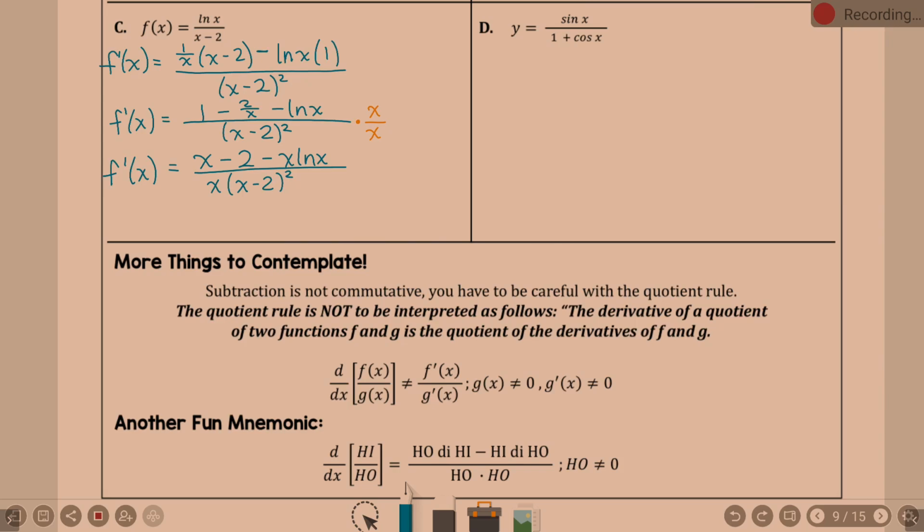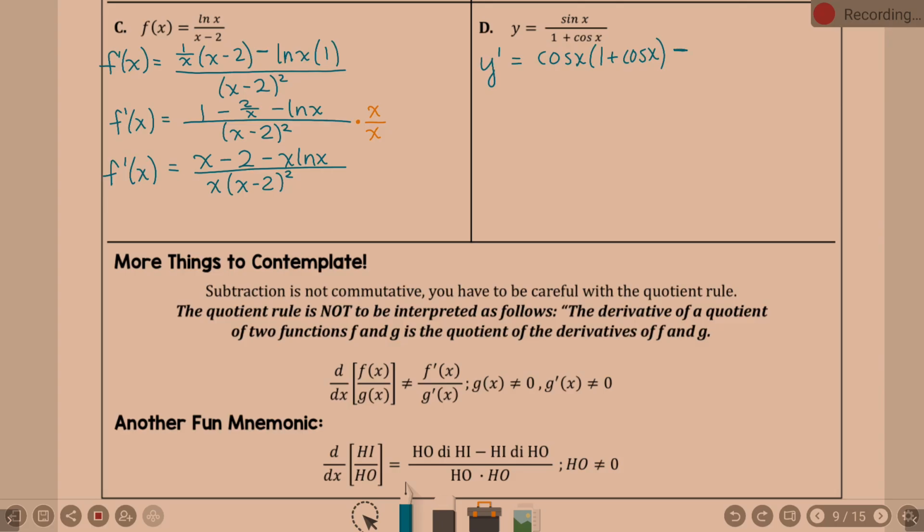Let's see what fun tricks this one has. y prime. Derivative of the top. What's the derivative of sine of x? Cosine of x, times the denominator, so times 1 plus cosine x. Quotient rule says minus.